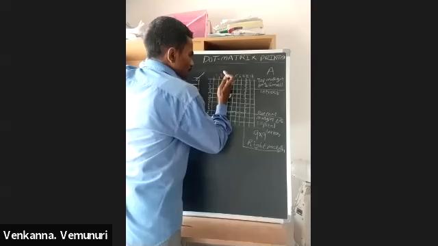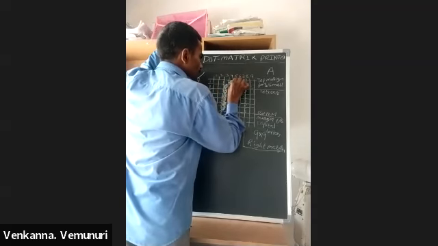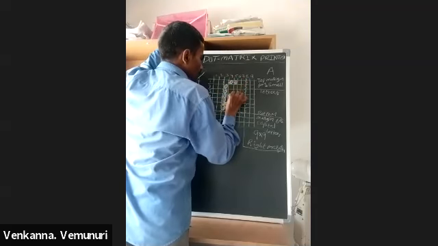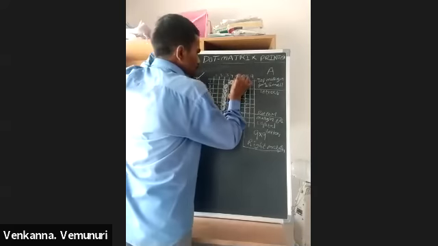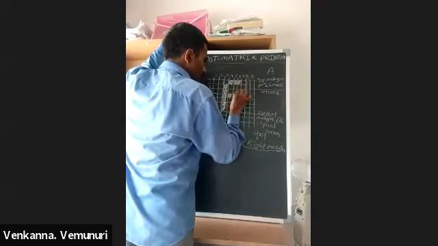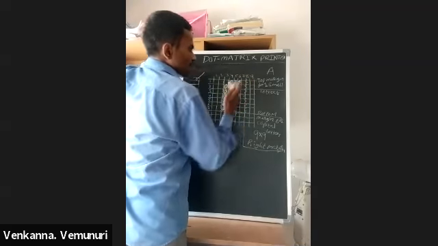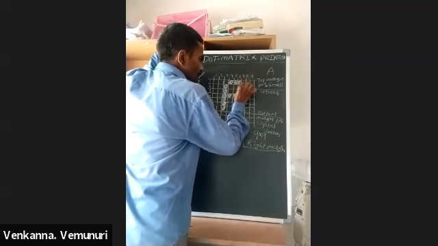And next, the print head is moving to the next column. In this also, pin number 1 and pin number 4 are firing. Again, it moves to the next column. In this, pin number 1 and pin number 4 are firing. And it is moving to the next column. In this, except pin number 1, all pins are firing.